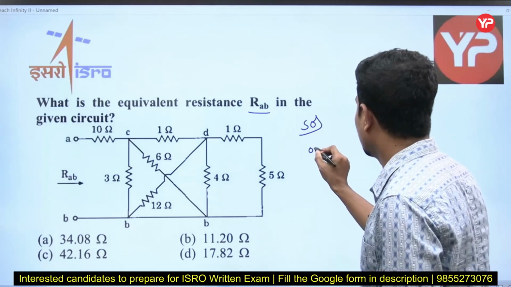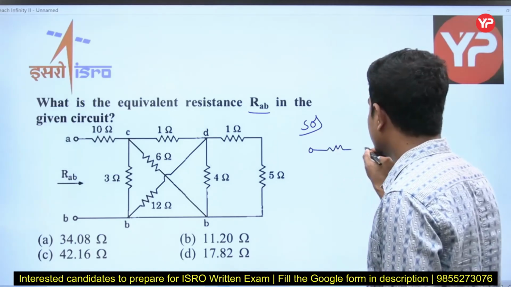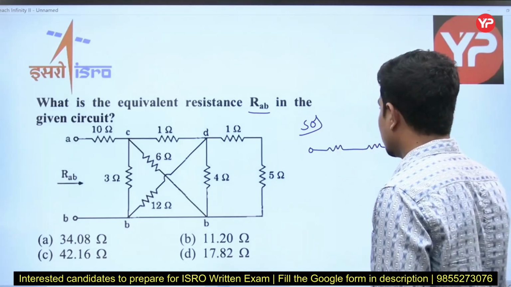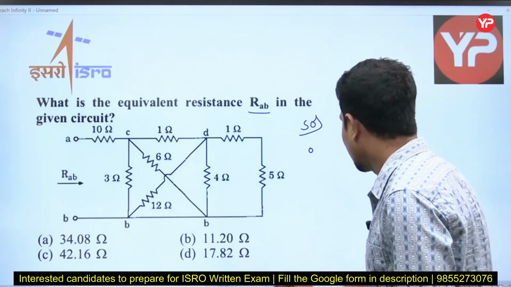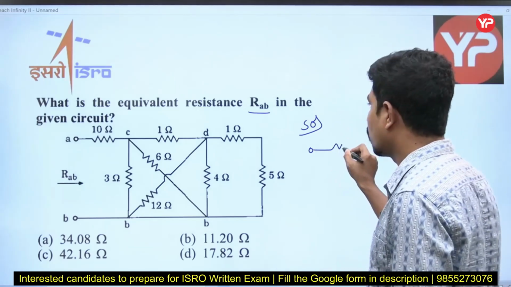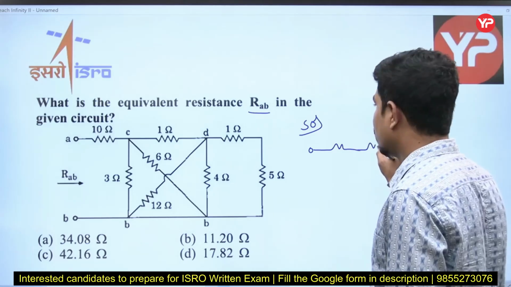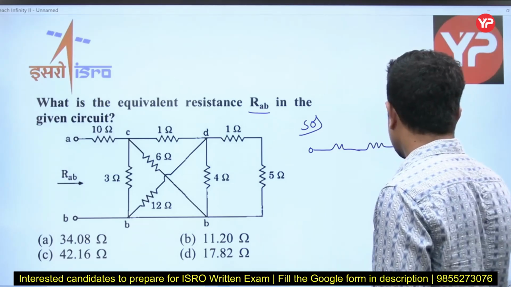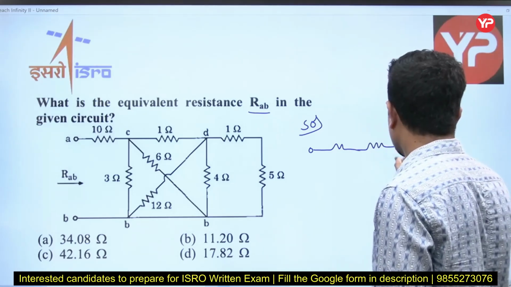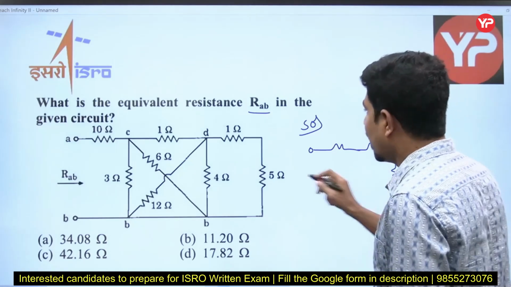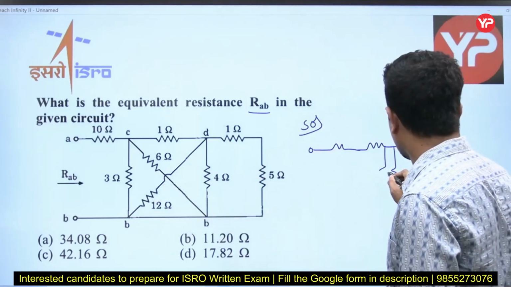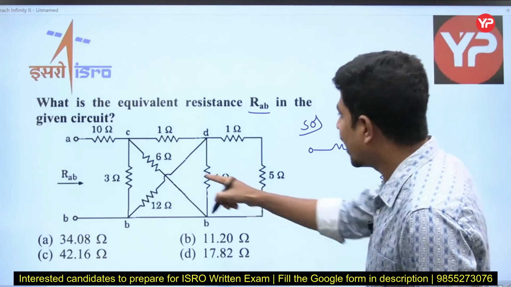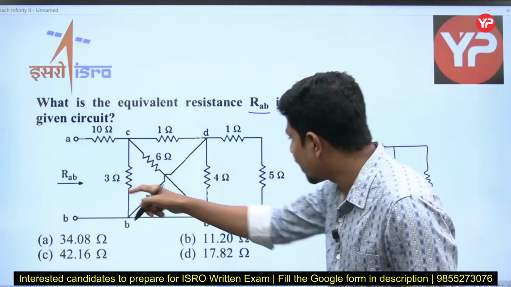This is 10, this is 1, this is 1, this is 5, or why 1 and 5? I'll make it as 6. This is 1, this is 10, then 1, then 6. After that this is 4, and this D and B, this 12 is in parallel, so I can draw 12 here itself, and I can draw this 6 in parallel with 3.